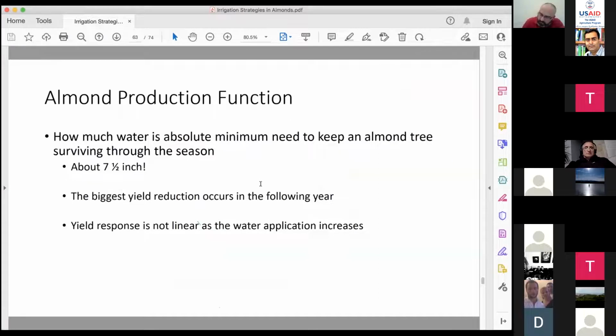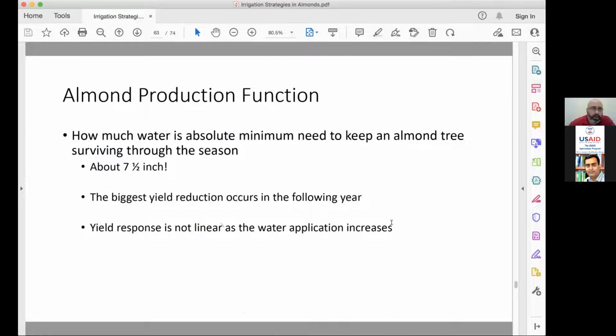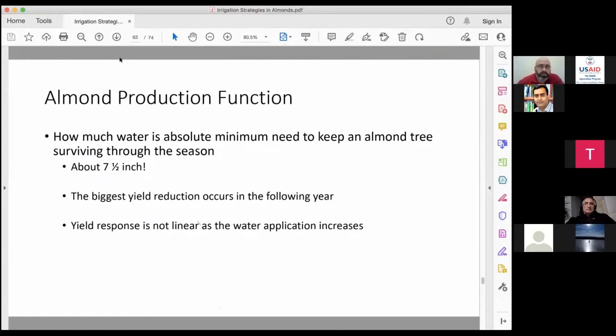However, if you apply drastically low amounts of water, the biggest yield reduction occurs in the following year because of the poor bud set. The yield response is not linear as the water application increases, and we have talked about that. As you pass a critical point in water application, if you apply more water, your yields are going to start decreasing.